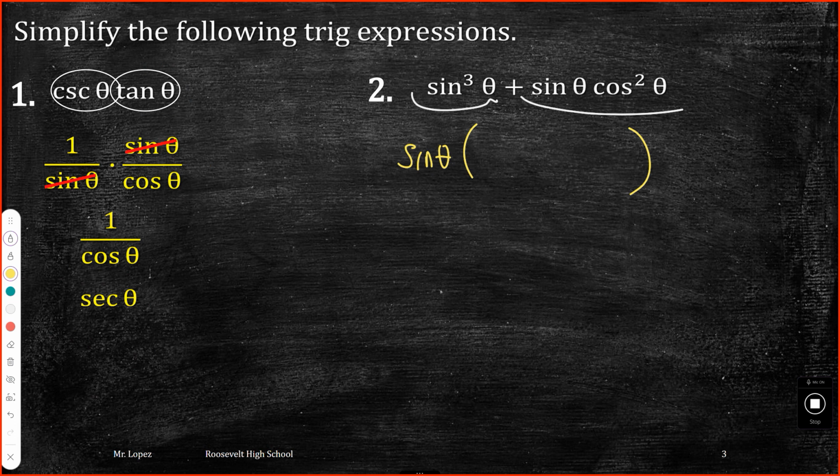If I factor out a sine theta, what's left over for this one? Sine squared theta. And if I factor out sine theta, what's left over for this? Plus cosine squared theta. What's the answer then?